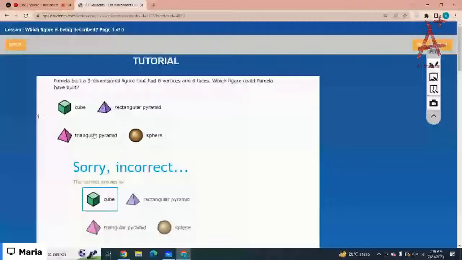Which figure could Pamela have built? You are given four options, and you have to see which one it is. The one she made is the cube, because only the cube has six faces here. The rectangular pyramid and the triangular pyramid have four faces. Just the cube has six faces and eight vertices. That means Pamela has built a cube.